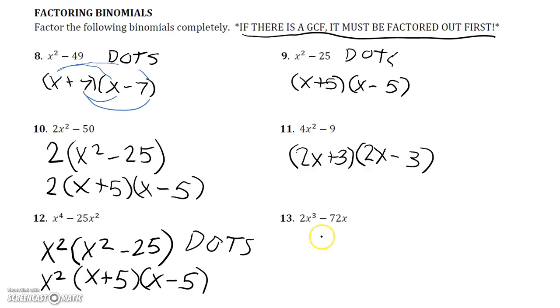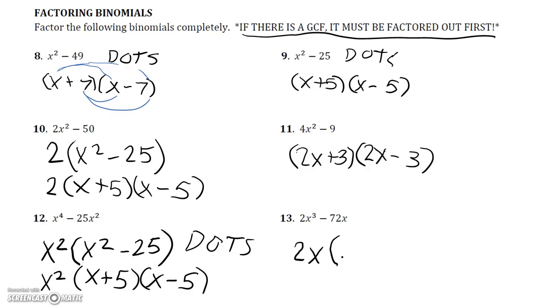Looking at number 13. We are looking for our GCF, so we have 2x cubed minus 72x. Between 2 and 72, 2 is the biggest number that can go into each. And we have x cubed and x, so they also share an x, making our GCF 2x.